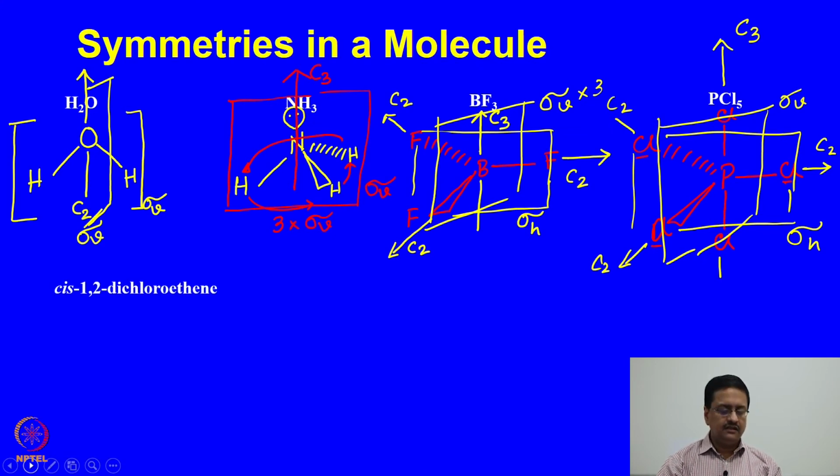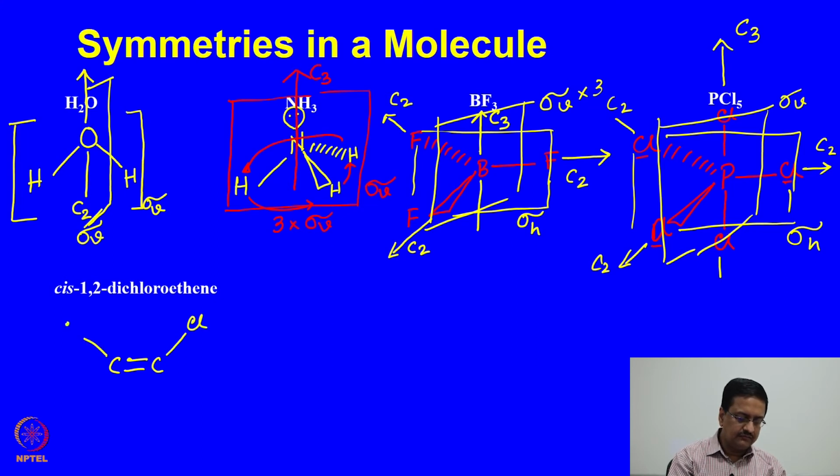Now, let us see a different molecule, a slightly complicated organic molecule, cis-1,2-dichloroethene. By now, we know that ethene means C double bond C, and when I say cis, I have chlorines on the same side and hydrogens on the same side.